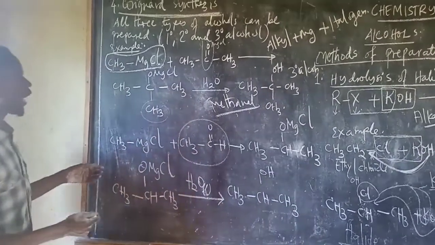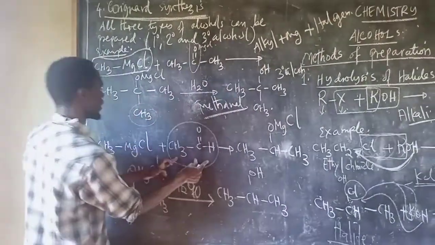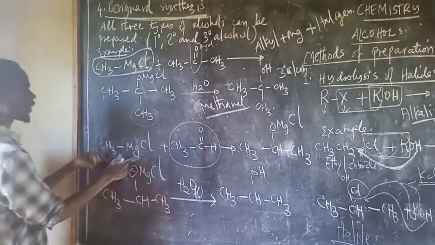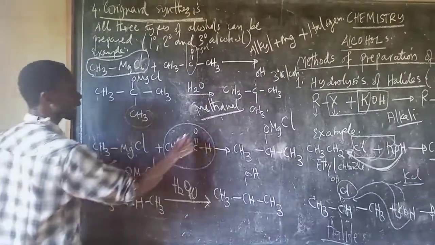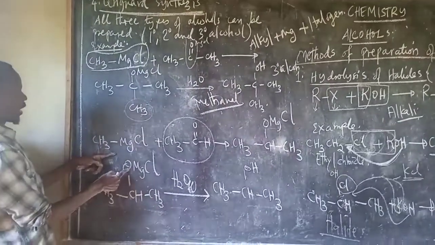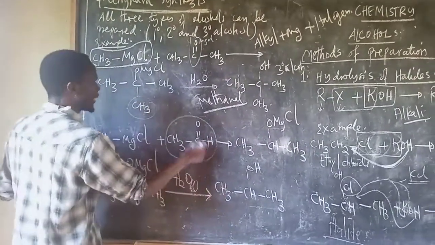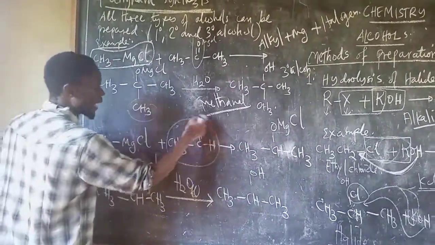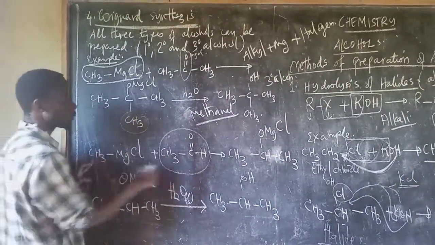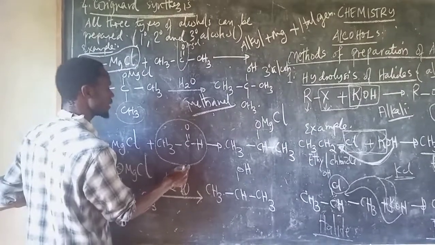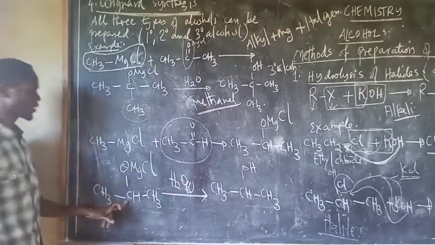If this aldehyde is reacted with the Grignard reagent, this will come and attack here to form this one, and this also will come and attack. Both of them attack the functional group of the organic compound, replacing here and here to form this one.